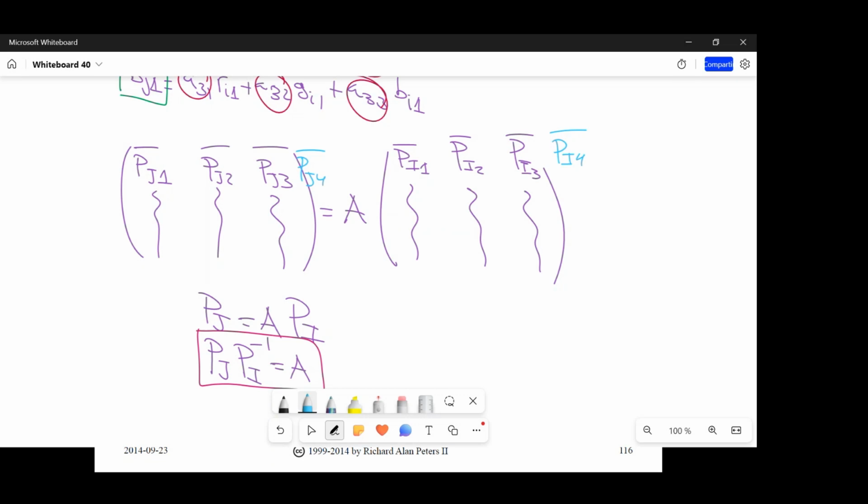Can I do that? I cannot, because this new matrix is of size 3 times 4. To be invertible, the matrix needs to be square. But it's not a square matrix, so you cannot invert it.